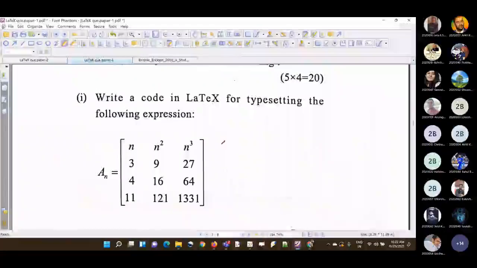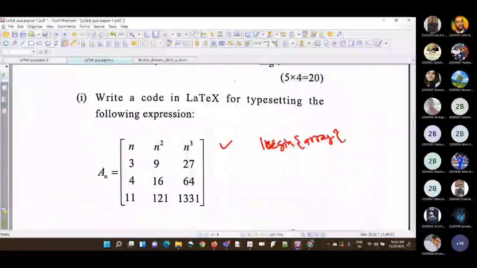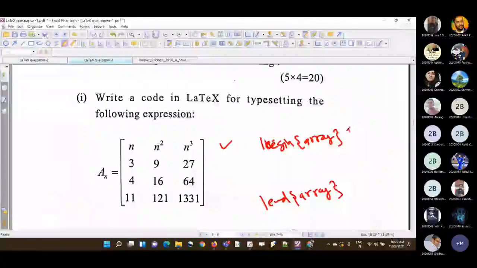Begin an array, and then end array. And there are 3 columns, so you want to keep them in center, so you have to write like this.